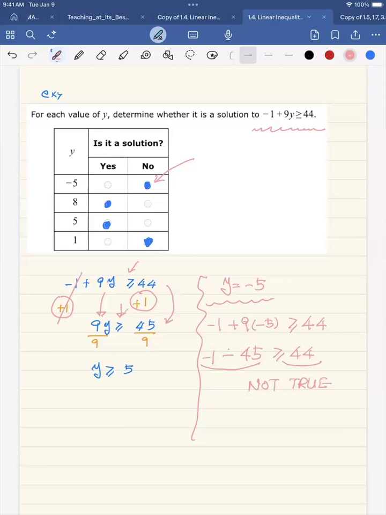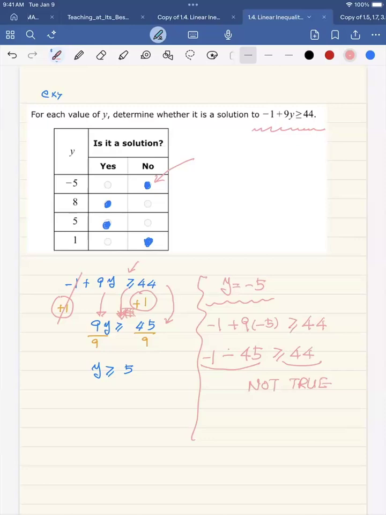So if you divide by -9, then you have to change the inequality direction. But 9 is a positive number, so I just copy the inequality direction.